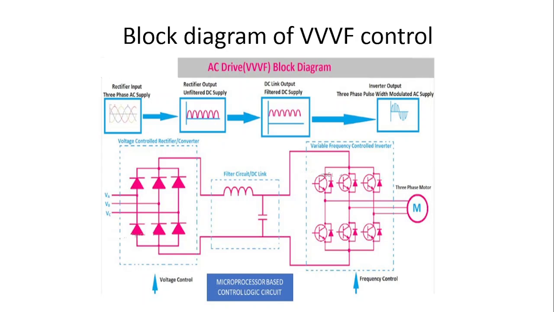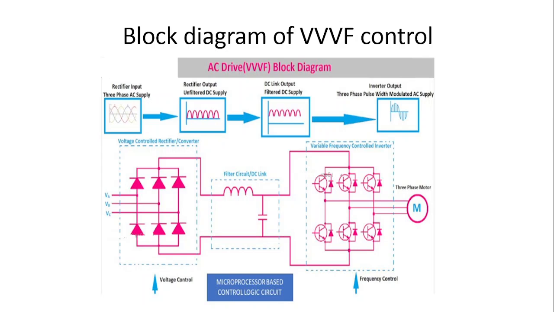First, let us see about the three-phase rectifier unit. Generally, a three-phase rectifier unit consists of 6 switches, and the switches can be unidirectional or bidirectional in nature. When used as a unidirectional converter, generally the switches are made up of diodes. Diodes are uncontrolled devices, so the rectifier unit does not have voltage control.